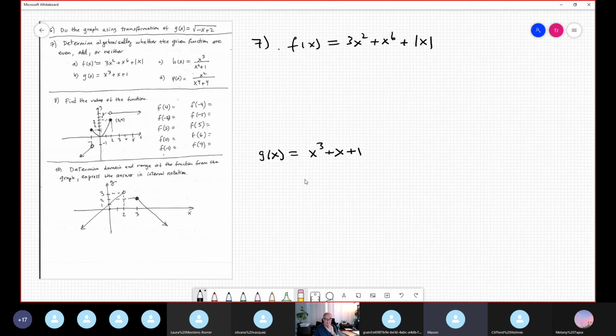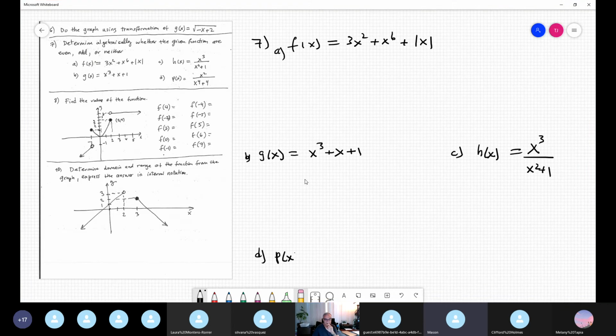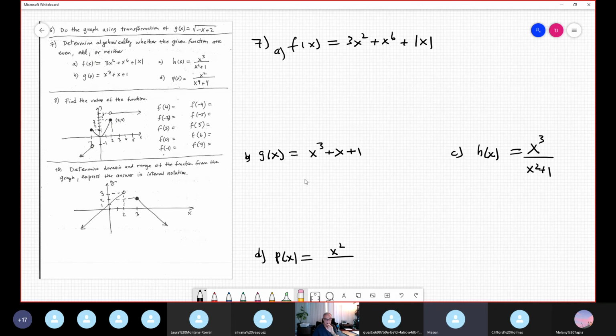This is the a, b, c: h of x is equal to x cubed over x squared plus 1. And the last one, p of x is x squared over x squared plus 4. So they want you to determine algebraically, this is an important word, algebraically, whether the given functions are even, odd, or neither.